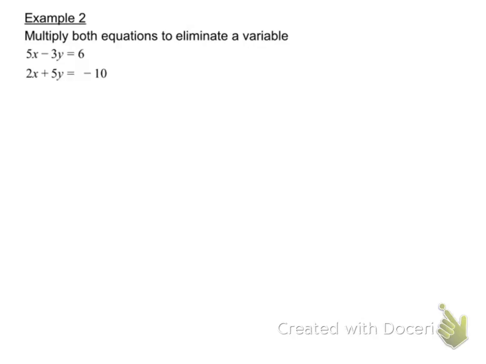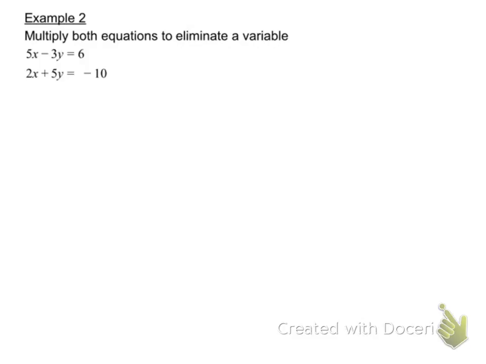Because 3 times 2 is going to be 6 and not the 5 for the y's. But it would be negative 2. Okay, we're going to move on and see if it's a little better.